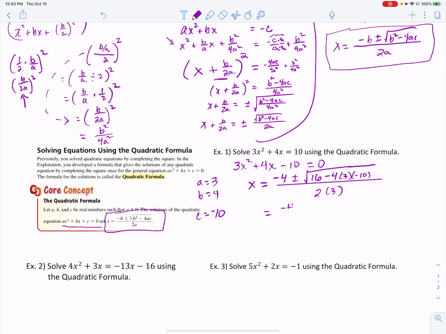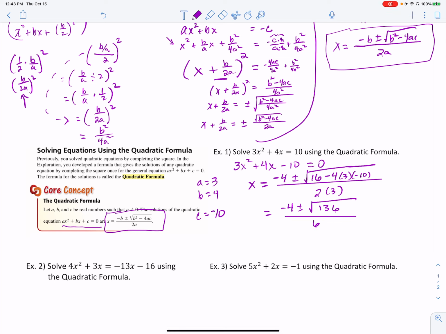So we have a negative 4 plus or minus the square root, and then you need to evaluate that. We've got a negative times negative is positive, 4 times 3 is 12 times 10 is 120, 120 plus 16 is 136. All over 2 times 3 is 6.